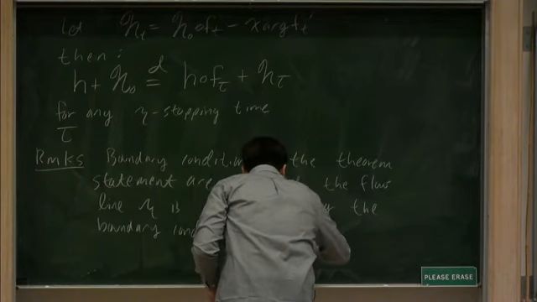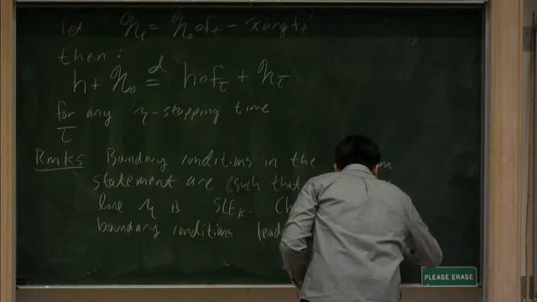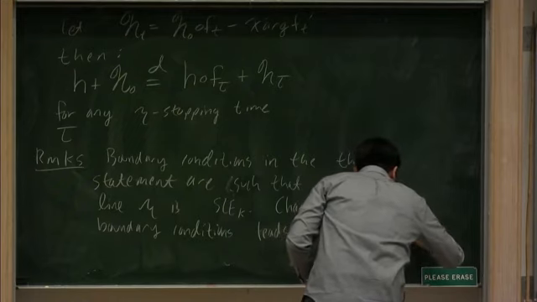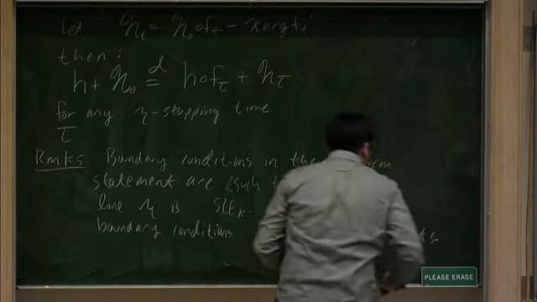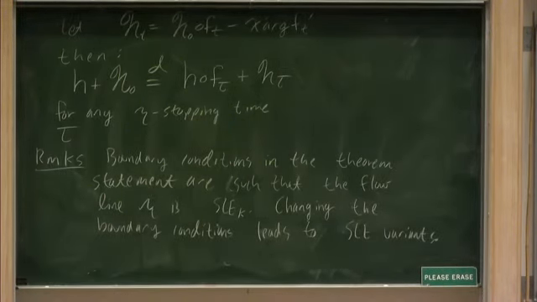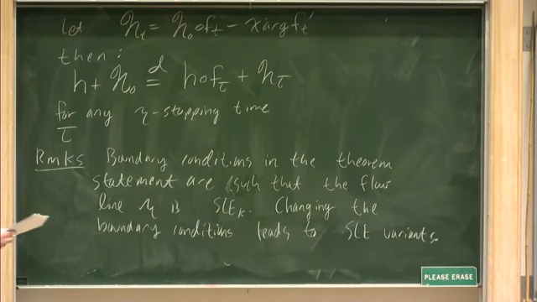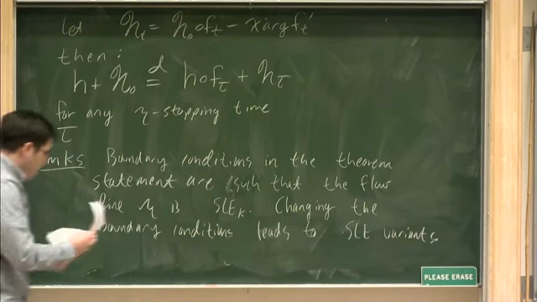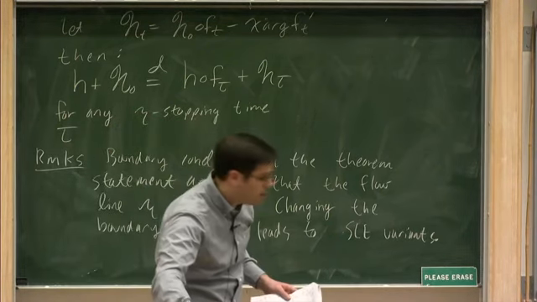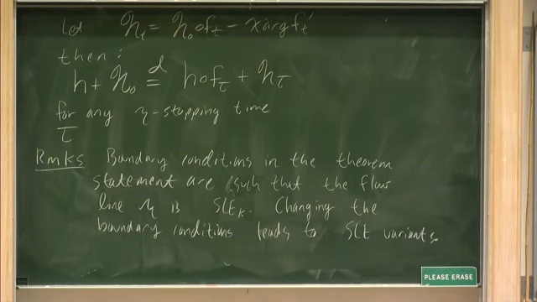This leads to SLE variants, the so-called SLE kappa rho processes for your flow line. And the proof of this theorem is essentially the same for the SLE kappa rho processes for general boundary values. So for simplicity, we're going to stick to this case here. All right, so now let me go through the idea of the proof of this theorem.